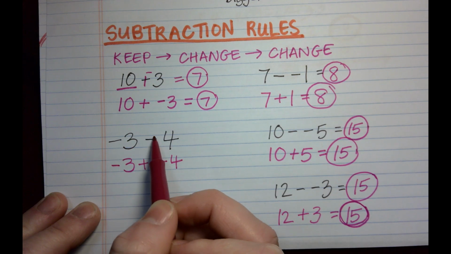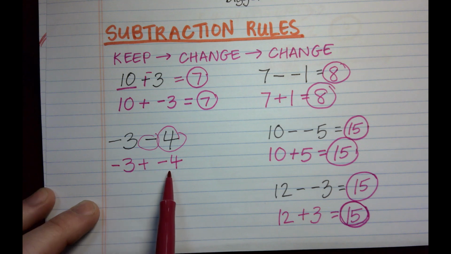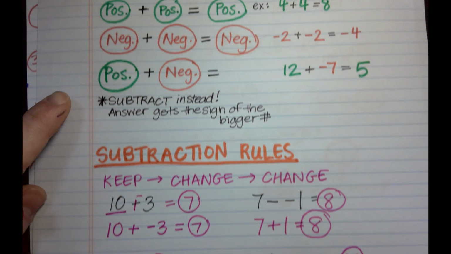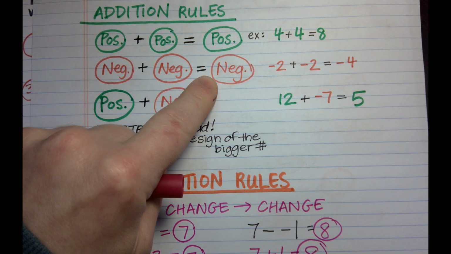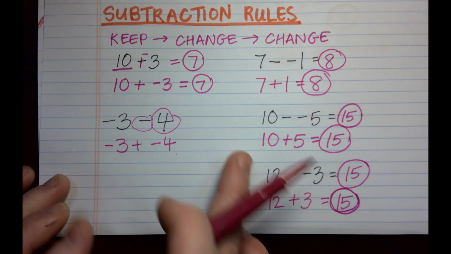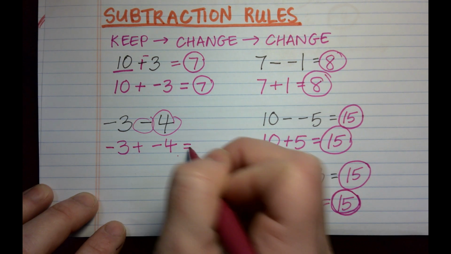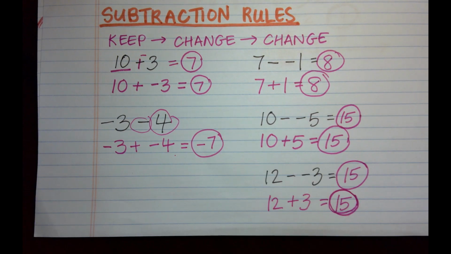Keep it, change it. So negative 3 plus negative 4. Now we have a problem that we can follow these rules up here. We're adding 2 negatives. So what's our answer going to be? You're going to get a negative. So what's negative 3 plus negative 4? 7. Yes. Now is it positive or negative? Negative. Negative 7. Good. Very good.